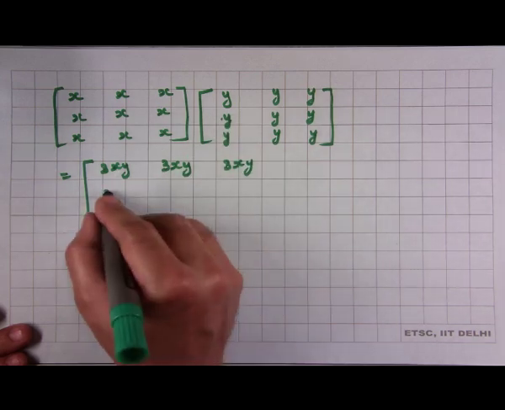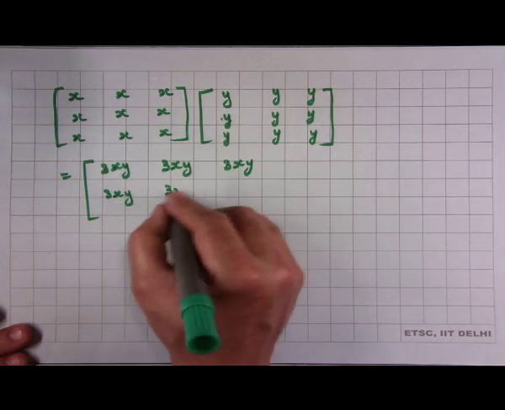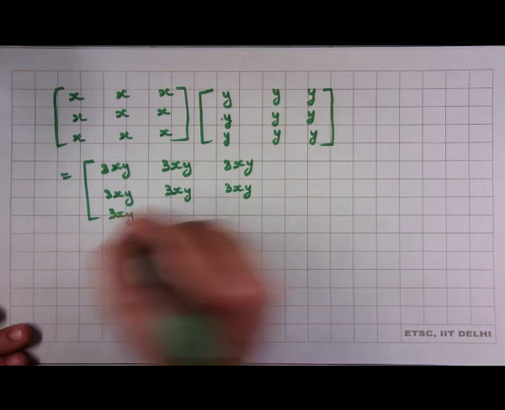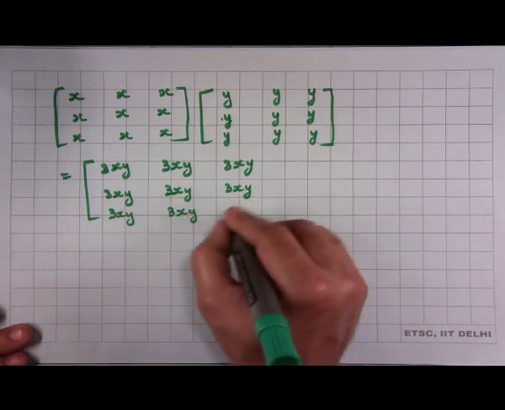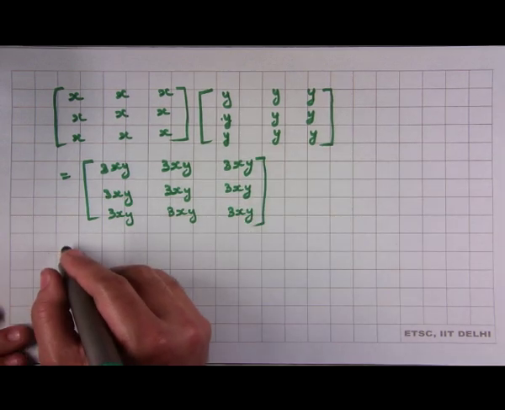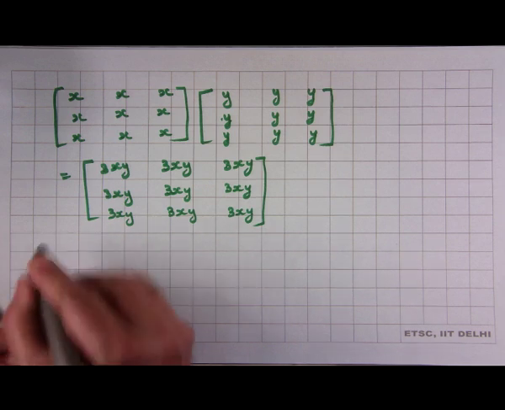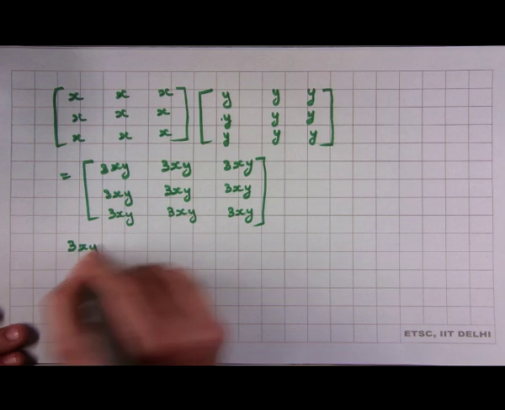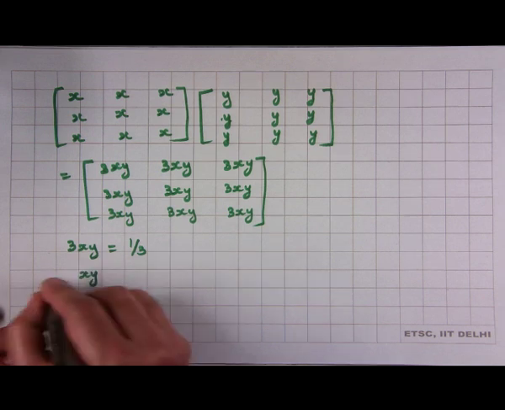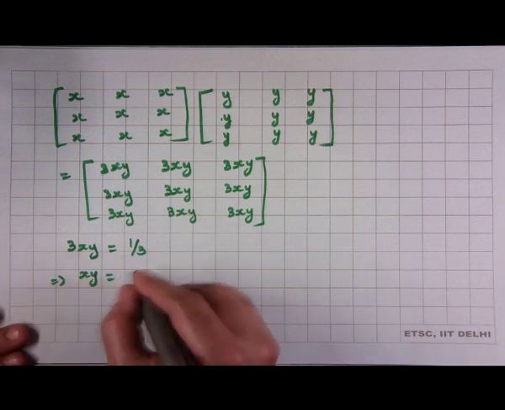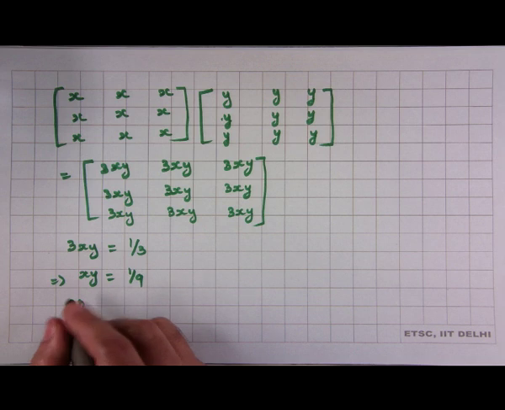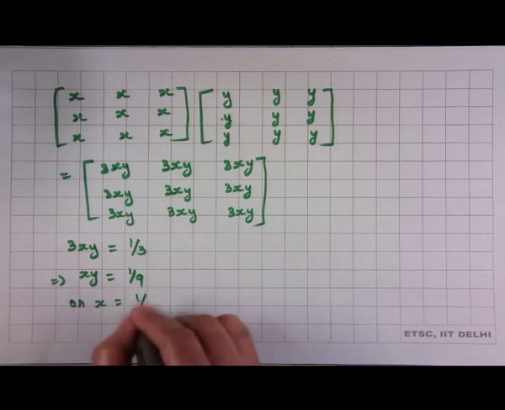So, you will have 3xy throughout. Fine. If you compare with the given equation, what we obtain is that 3xy equal to 1 by 3. That means xy equal to 1 by 9, or equivalently x equal to 1 by 9y.